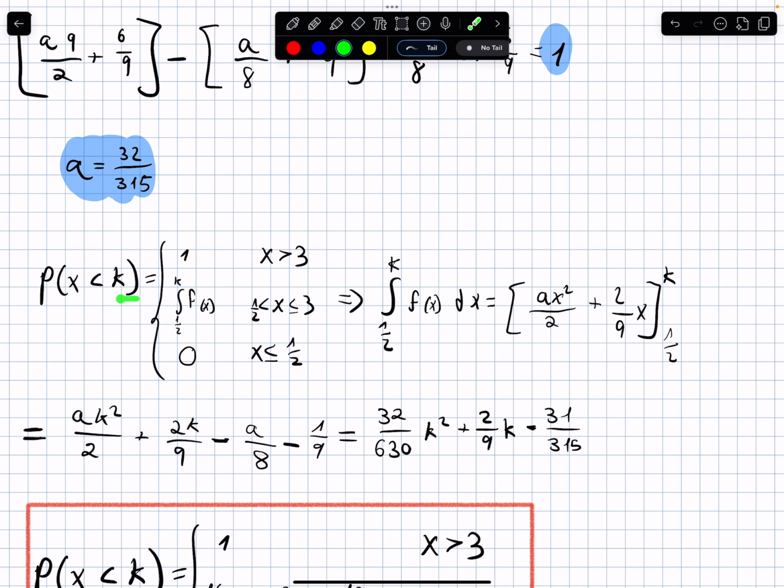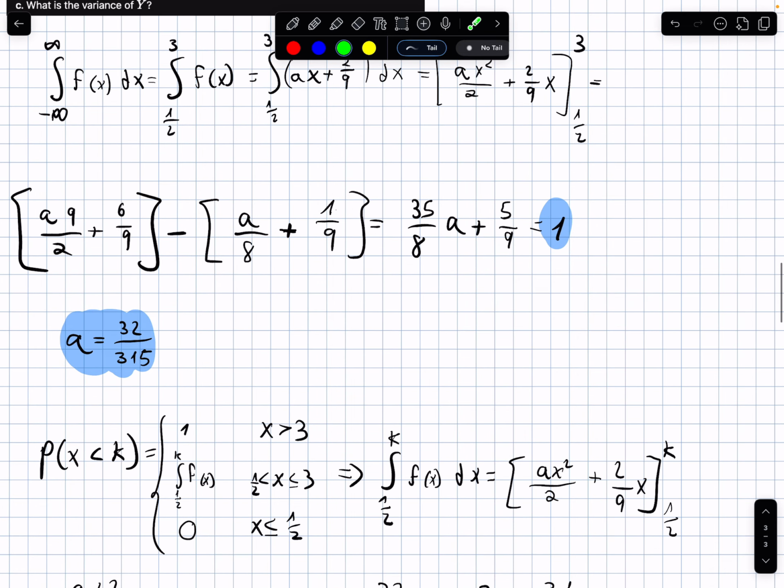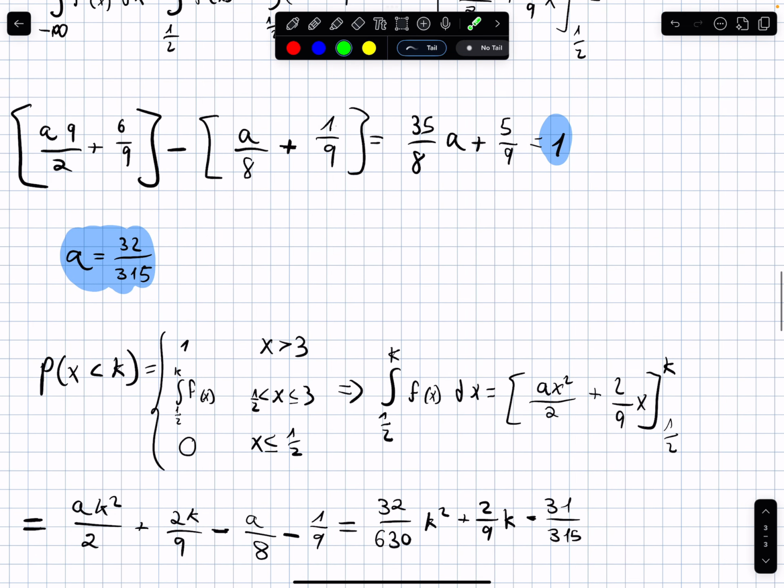What I did is look first at the function of x before looking at y. I know when x is bigger than 3, it's 1, because we just discovered it in the first section. When x is less than half, it's 0. And in all the other area, it's the integral from half to k of f of x dx.